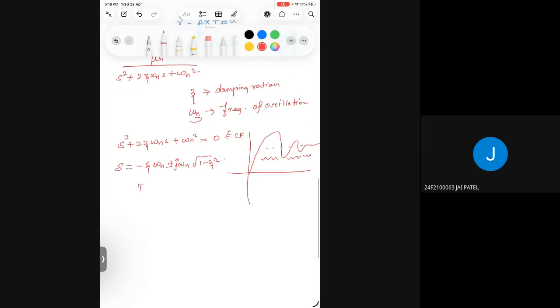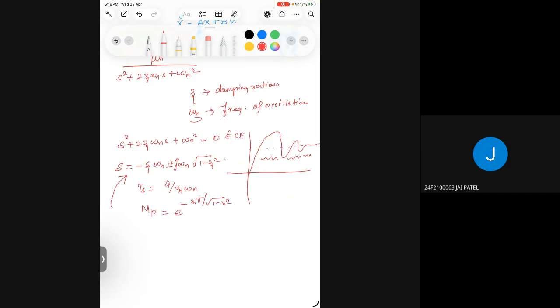When you find the settling time, that is around 4 by zeta omega n, and your peak overshoot will be e to the power of minus zeta pi by root of 1 minus zeta square. So for all the time response or performance related problems, zeta and omega n play a major role, and the same thing is playing a role in the pole location, the poles of the system.